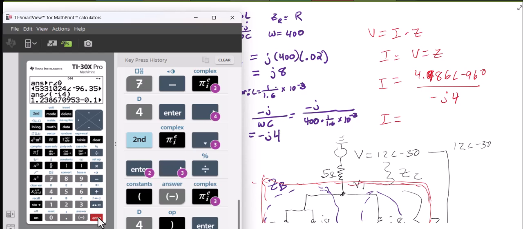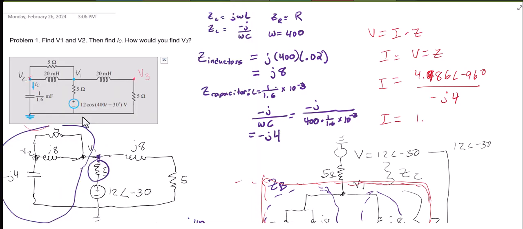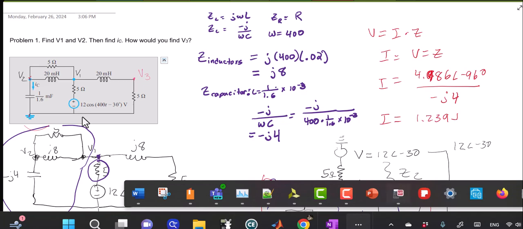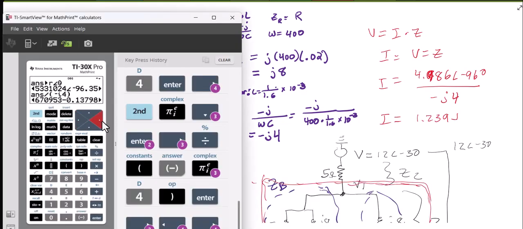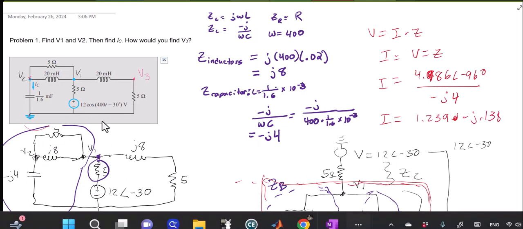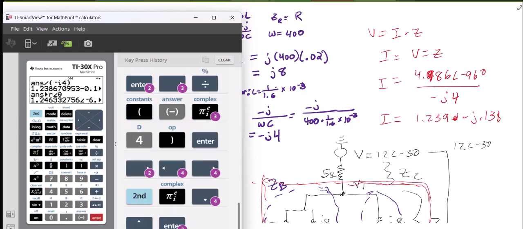And I get, I did not write this down, I just checked to make sure that it was right, 1.239 minus j0.138, or change that to polar, 1.25 angle negative 6.36.